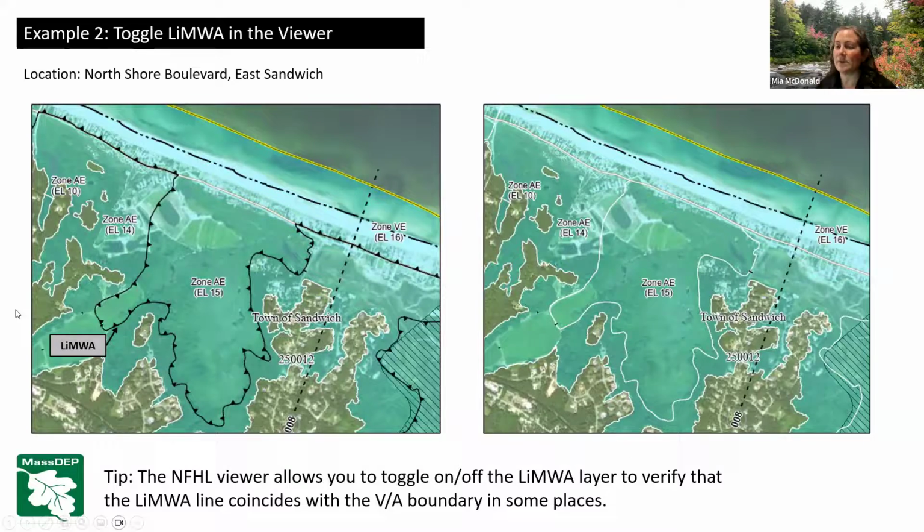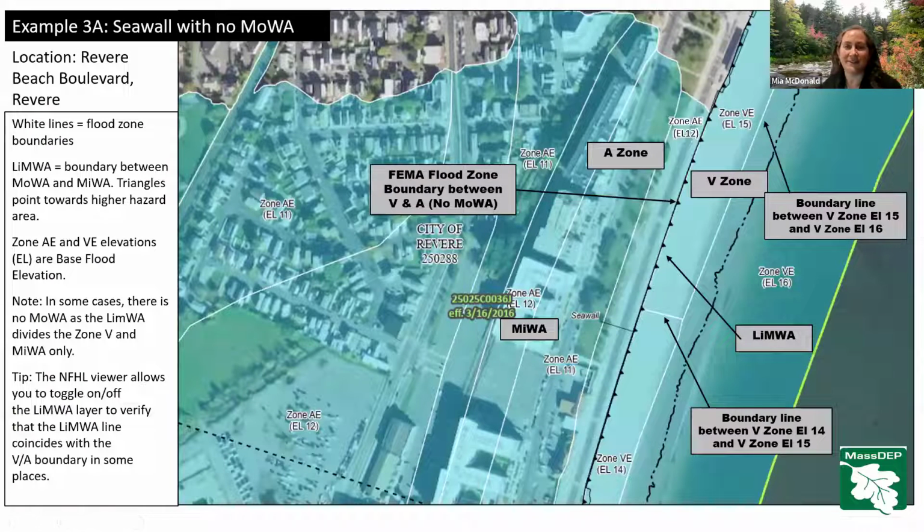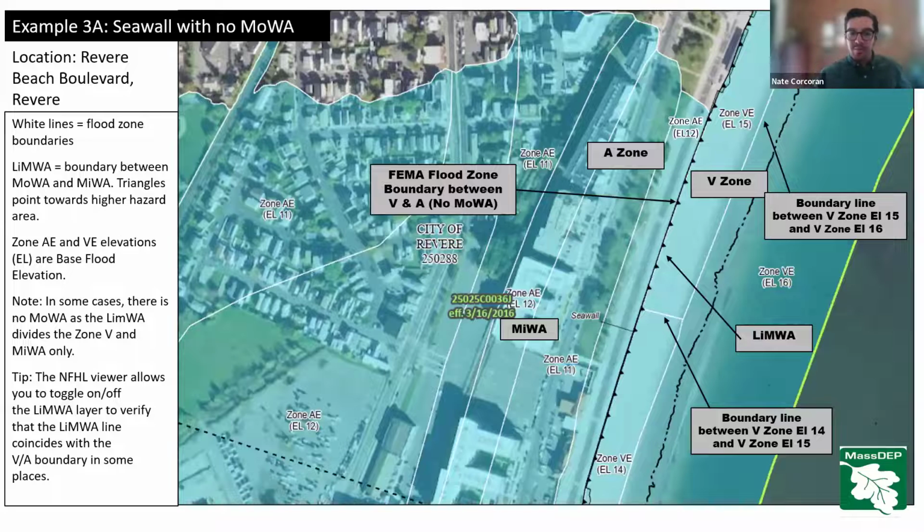Now it's going to take us through our next few examples. This is an example on Revere Beach Boulevard in Revere. This is an example that does not have a MOA. If you start on the seaward side, you see V zone elevation 16. As you go landward, the LIMWA is pretty close to the beach.